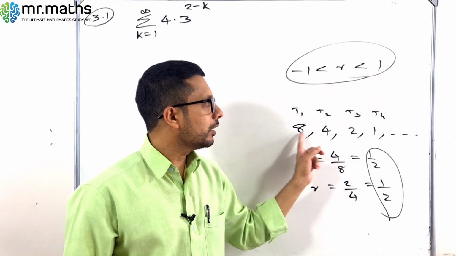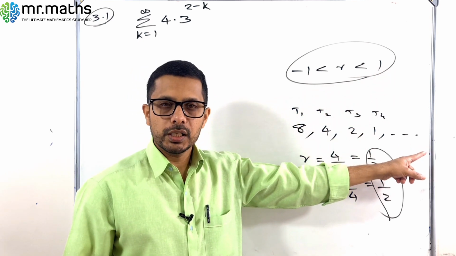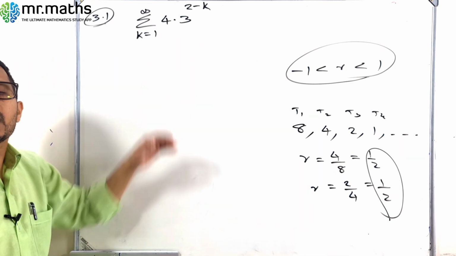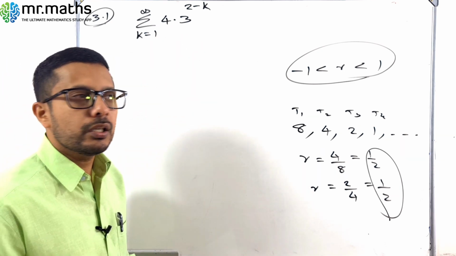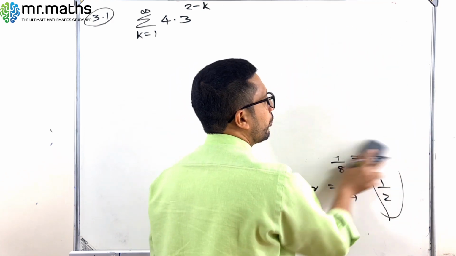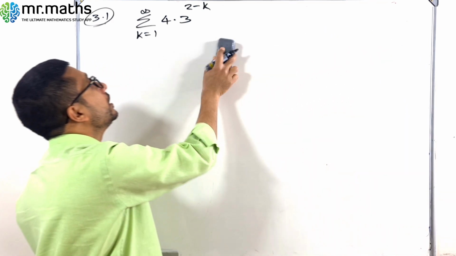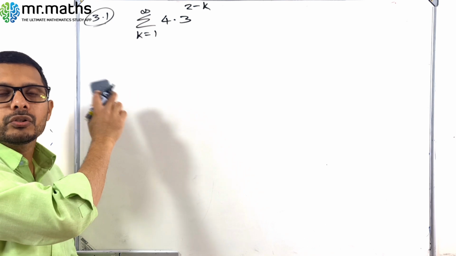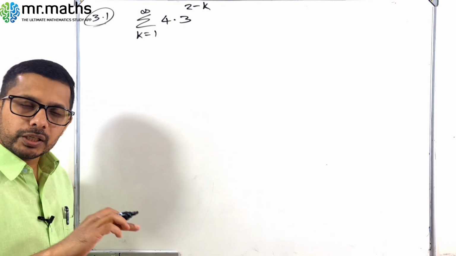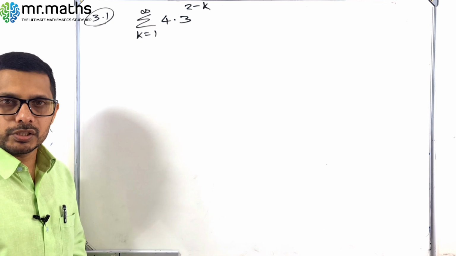So this one is a convergent geometric series. So here we have to find the value of r in this series. If that value of r is between -1 and 1, then it's a convergent geometric series.